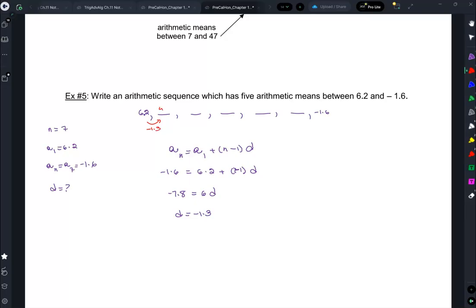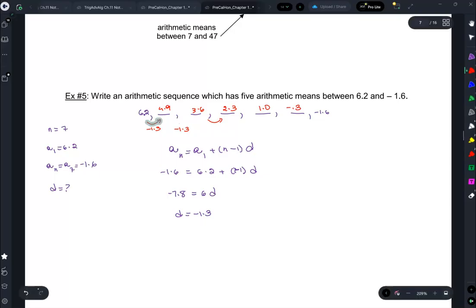So here we get 4.9, and then 3.6, 2.3, 1.0, negative 0.3, negative 1.6. Okay? All right. So before we move on to the next page, because this is an arithmetic sequence, by definition, each of these differences is negative 1.3.